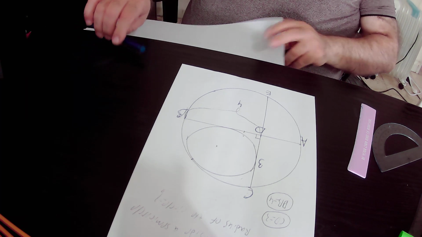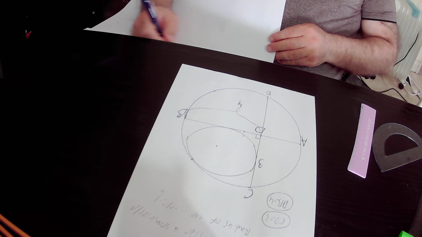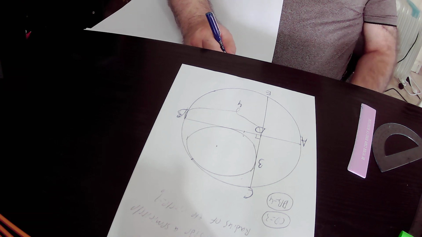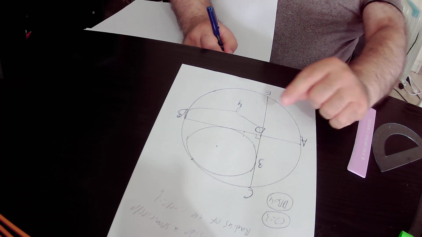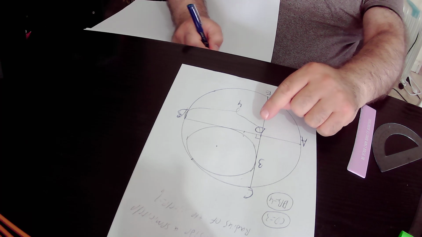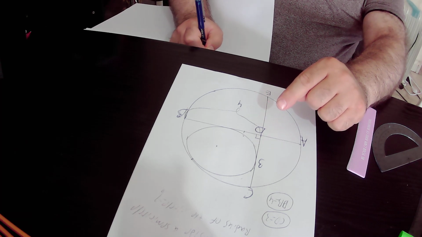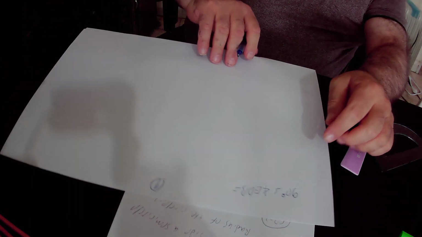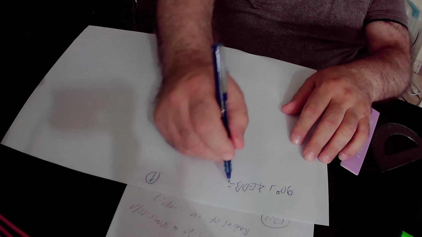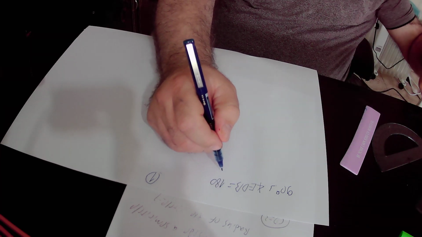So here we have 90 degrees plus this angle, which is angle EDB, and the sum must be equal to 180 degrees.